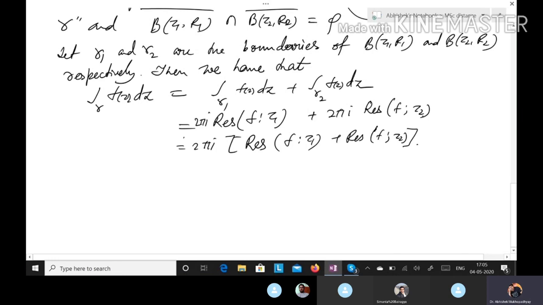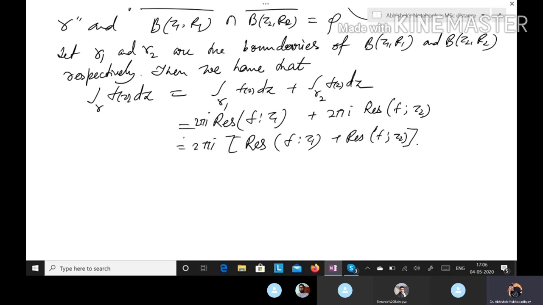Now since the number of isolated singularities that we have considered in the interior of gamma is finite, so using mathematical induction this process will terminate after a finite number of steps.